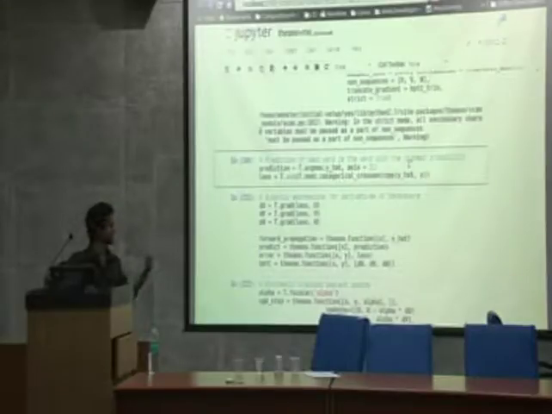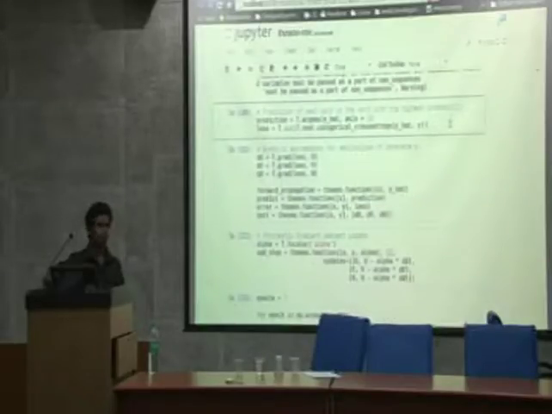Then prediction, a quite familiar thing, which is finding out the index with the highest probability, and then your cross entropy error, which will give you the loss between the predicted value and the real value.